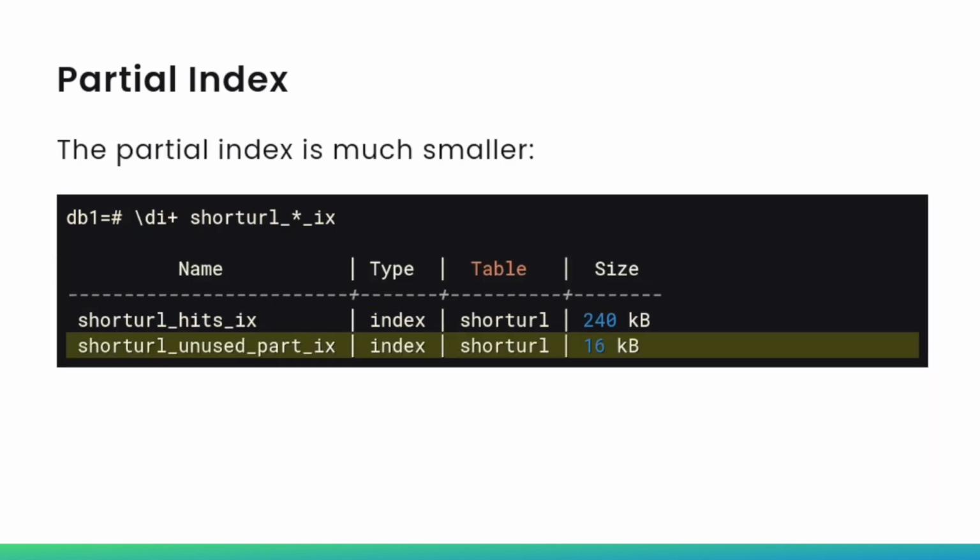Our previous index, which indexed all the rows in the table, was 240 kilobytes. But the partial index that only indexes the part that we actually care about is just 16 kilobytes. Now, if you've ever worked on a very large database, you know that B-tree indexes can be very, very big.